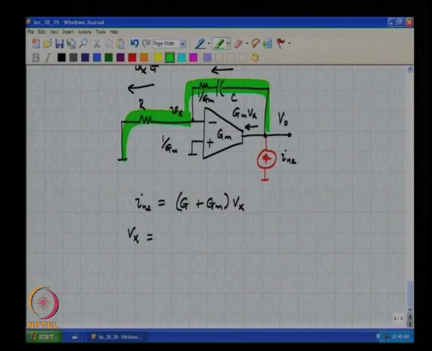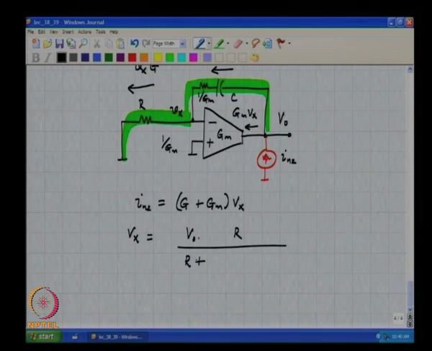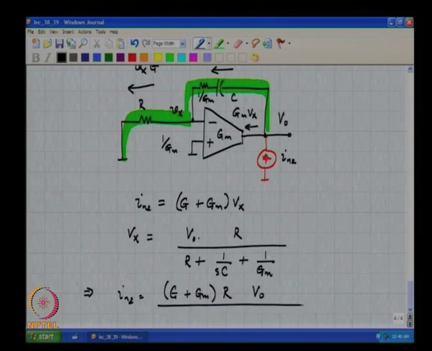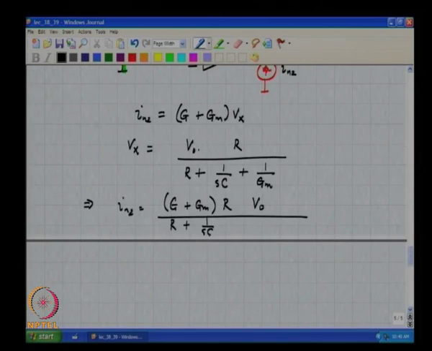So, Vx is nothing but VO times R by R plus 1 by SC plus 1 by Gm, okay, which means that In2 is G plus Gm times R times V naught divided by R plus 1 over SC plus 1 over Gm.